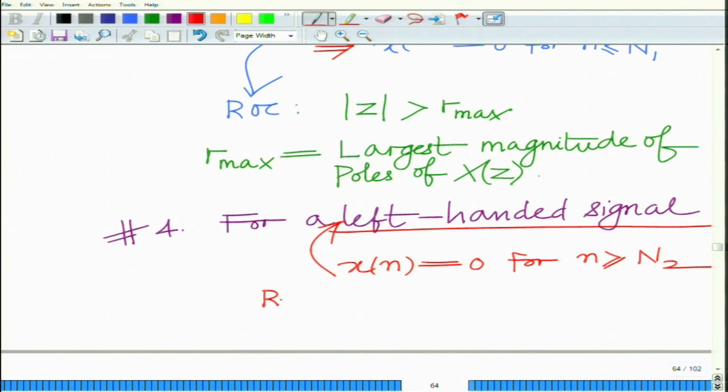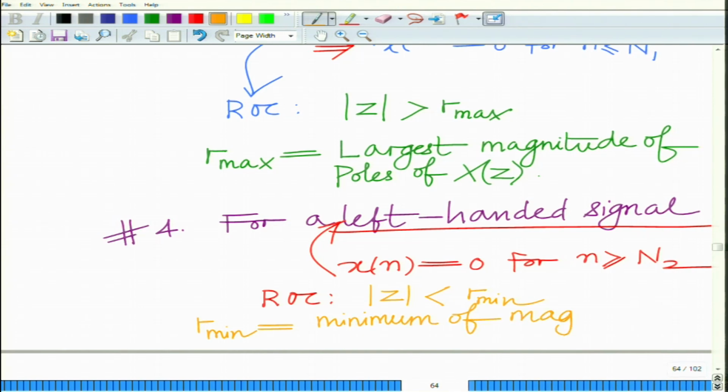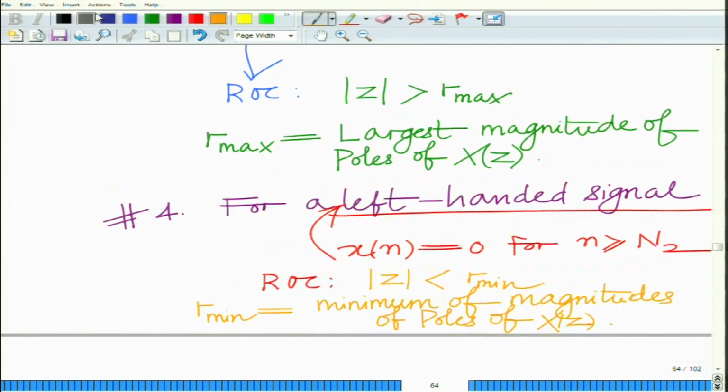This implies that the ROC is of the form magnitude of z is less than R min, where R min equals the minimum of the magnitudes of the poles of X(z).